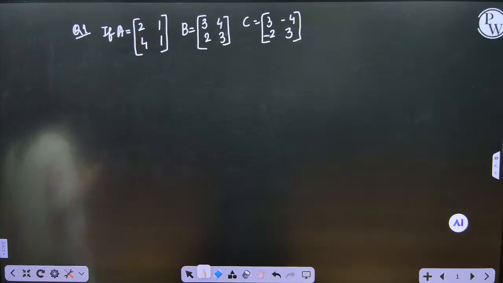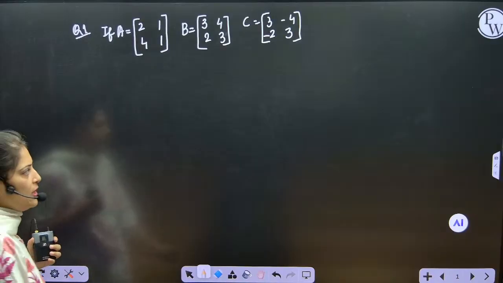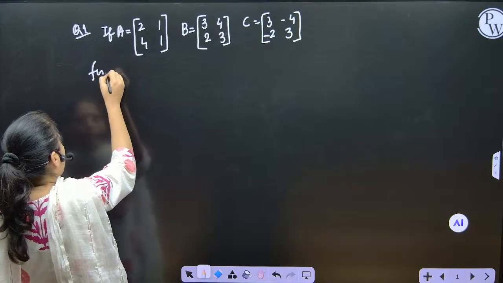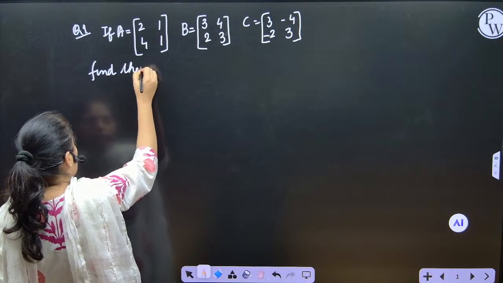Now we have to find the value of trace of A. This is a JEE Mains question.